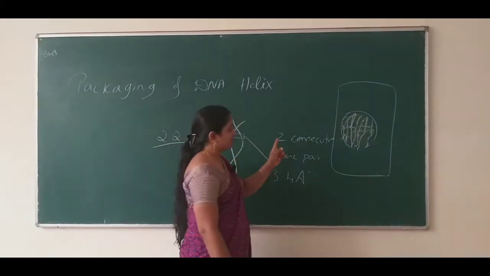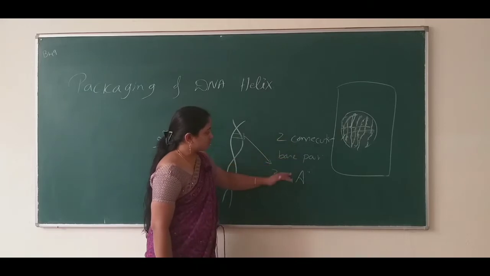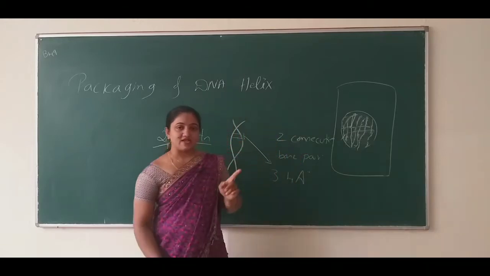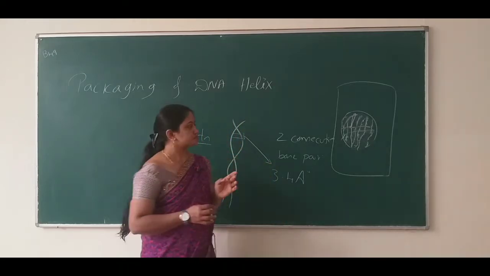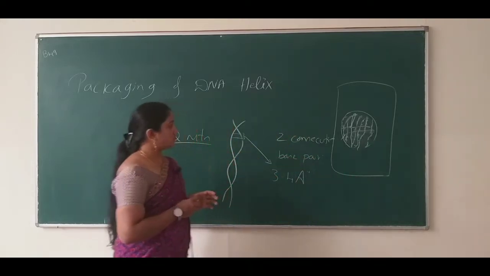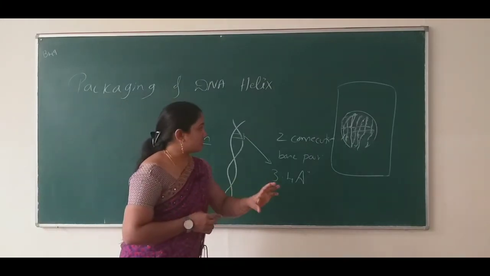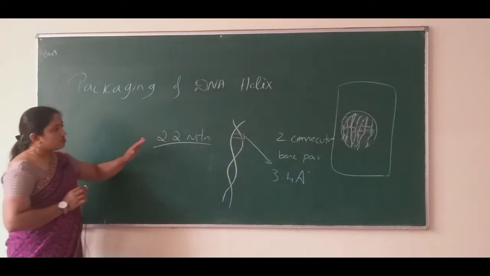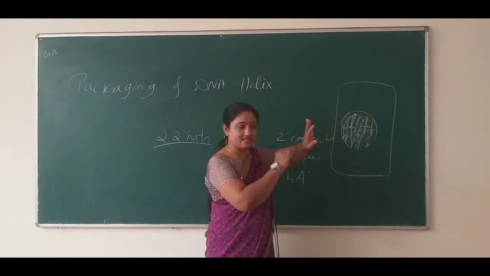They calculated it based on the measurement of two consecutive base pairs, that is 3.4 angstrom, and they took one more data, which is the number of base pairs in the human genome. Using those data they calculated and got this measurement. So one single DNA helix is 2.2 meters in length.